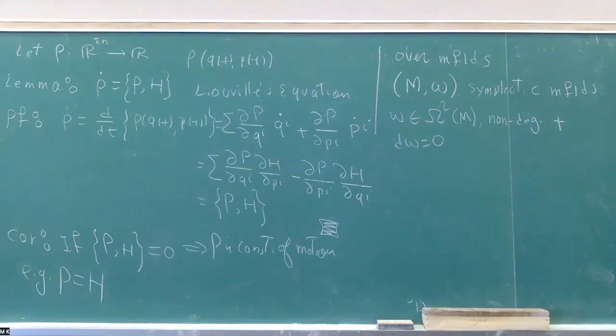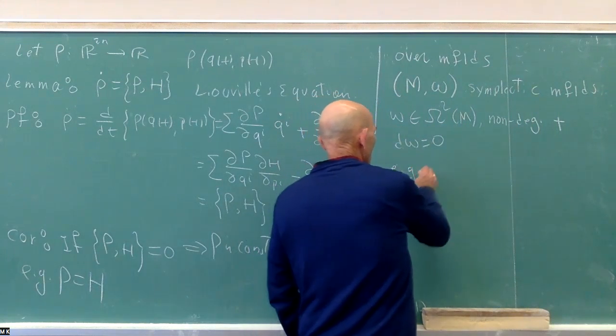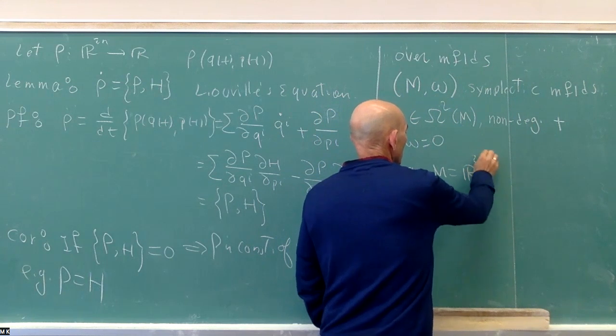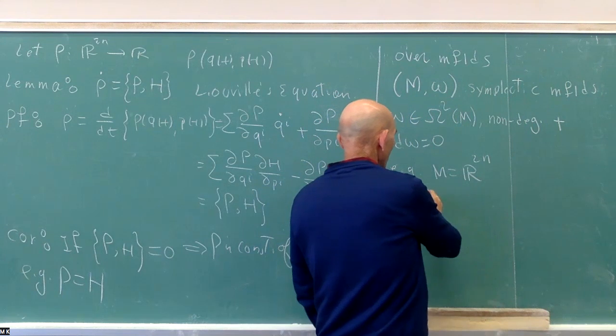So the quintessential example is if you go to R^2n, you can take omega to be the following.